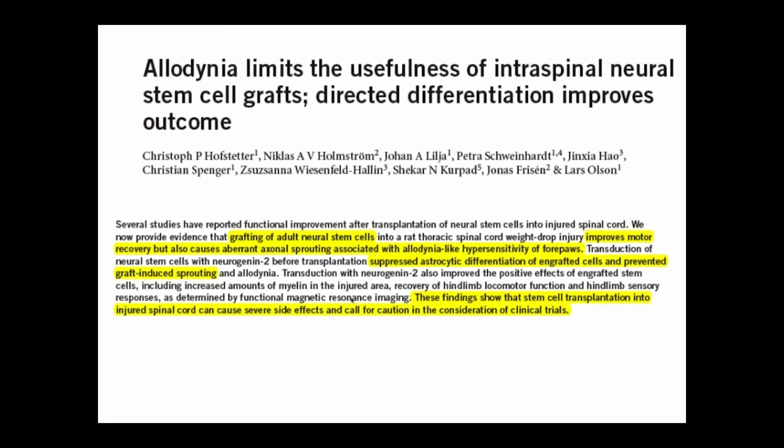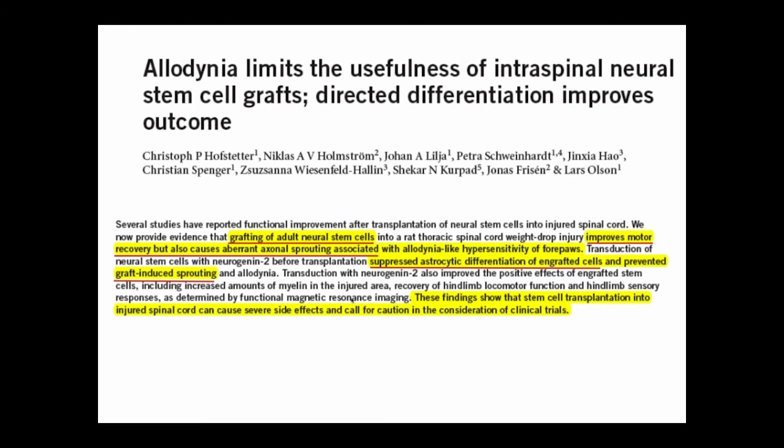And so here's a paper that came from a Swedish group where they were implanting neural stem cells and their progeny into spinal cord injured animals. And what they found was that the grafted stem cell progeny, while it did improve motor recovery, also caused aberrant axonal sprouting, which led to hypersensitivity and pain-like symptoms.